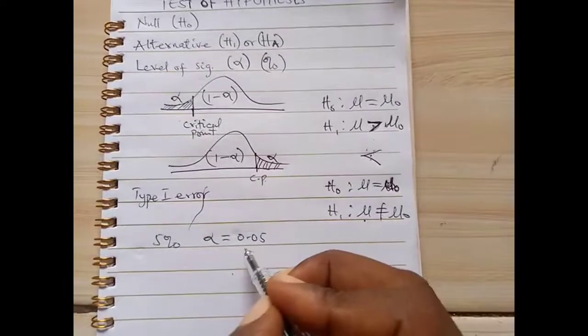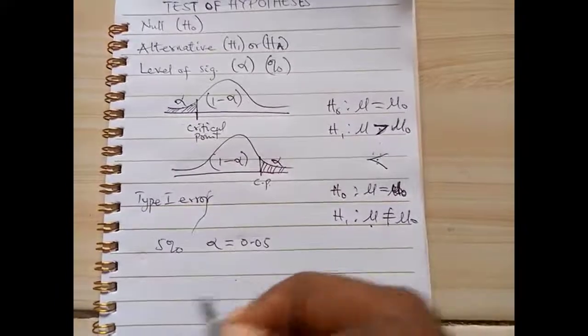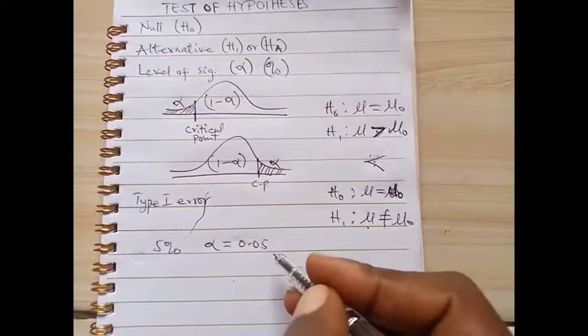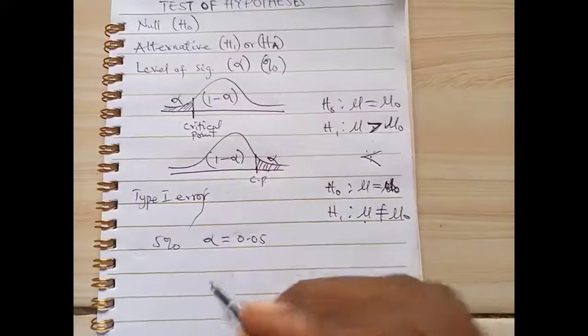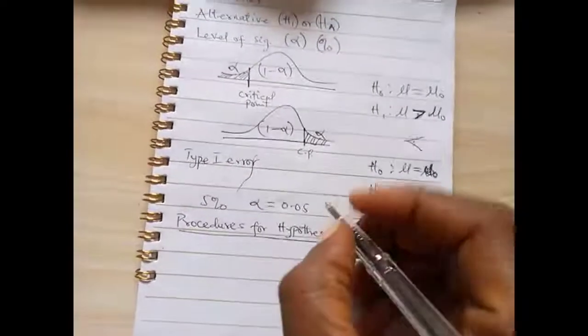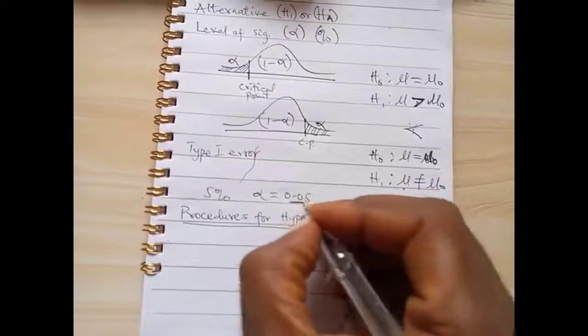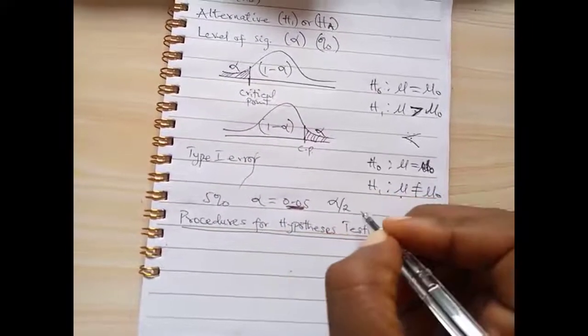So we are 5% wrong and we could be 95% correct. When we say 99% confidence, we are saying we can be 99% correct, 1% wrong. In a one-tailed test, we use alpha as this. In a two-tailed test, we divide it into two.